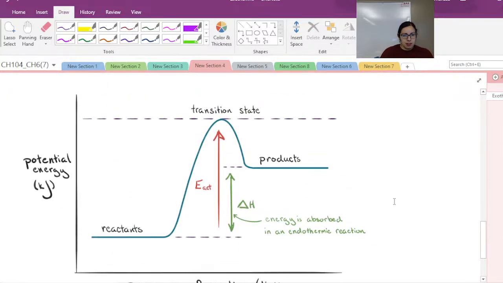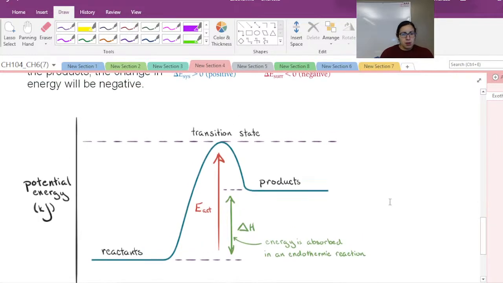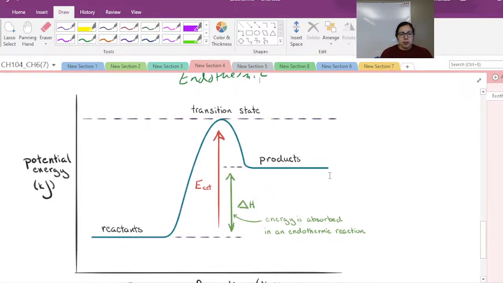And so again, we can look at our reaction scheme for our endothermic reaction. We know it's endothermic because our products are higher in energy. We can still calculate our change in enthalpy, the difference from reactants to products.